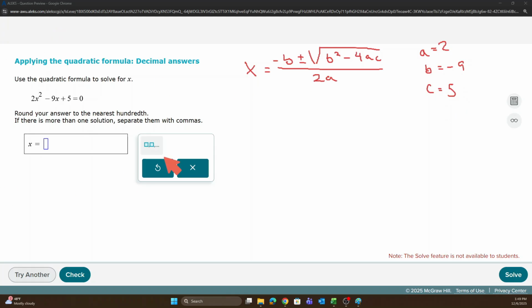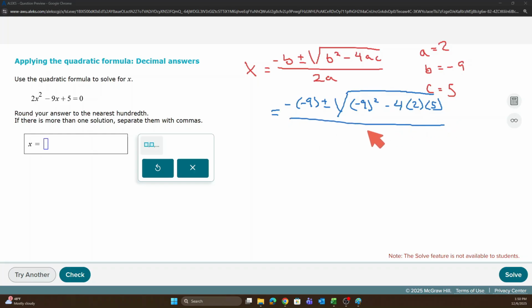So when we plug this into the quadratic formula, we're going to get negative b, which is negative 9, plus or minus square root b squared, which is also negative 9 squared, minus 4 times a times c, all over 2a, 2 times 2.